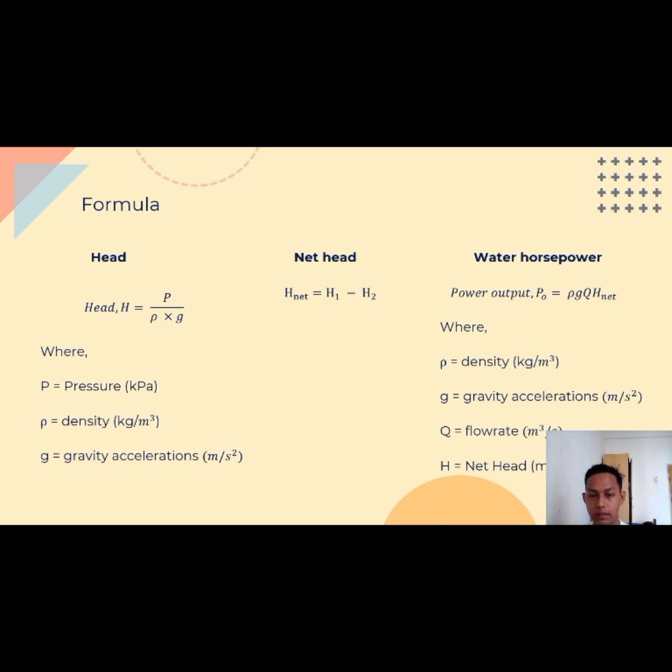And the last formula is the water horsepower. The power output is equal to rho multiplied by G multiplied by Q multiplied by H, where rho is density, G is gravitational acceleration, Q is flow rate, and H is net head.